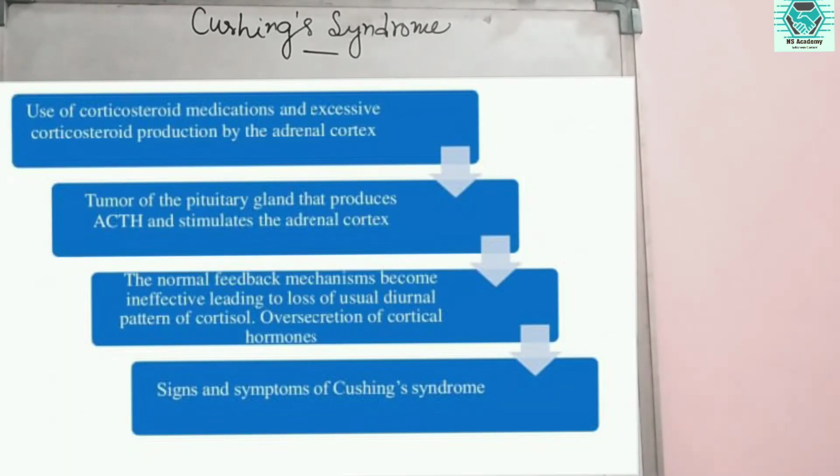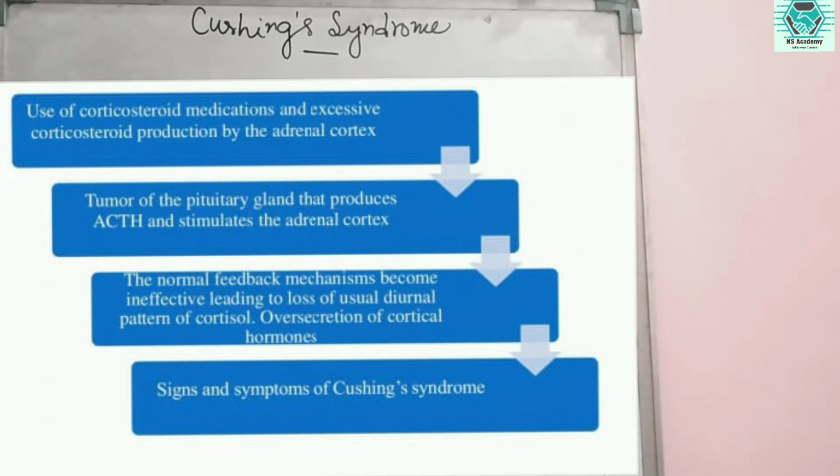Next, moving to the pathophysiology: if we use corticosteroid medication, or there is excessive corticosteroid production by the adrenal cortex, it causes a tumor of the pituitary gland that produces ACTH and stimulates the adrenal cortex more than the normal level.